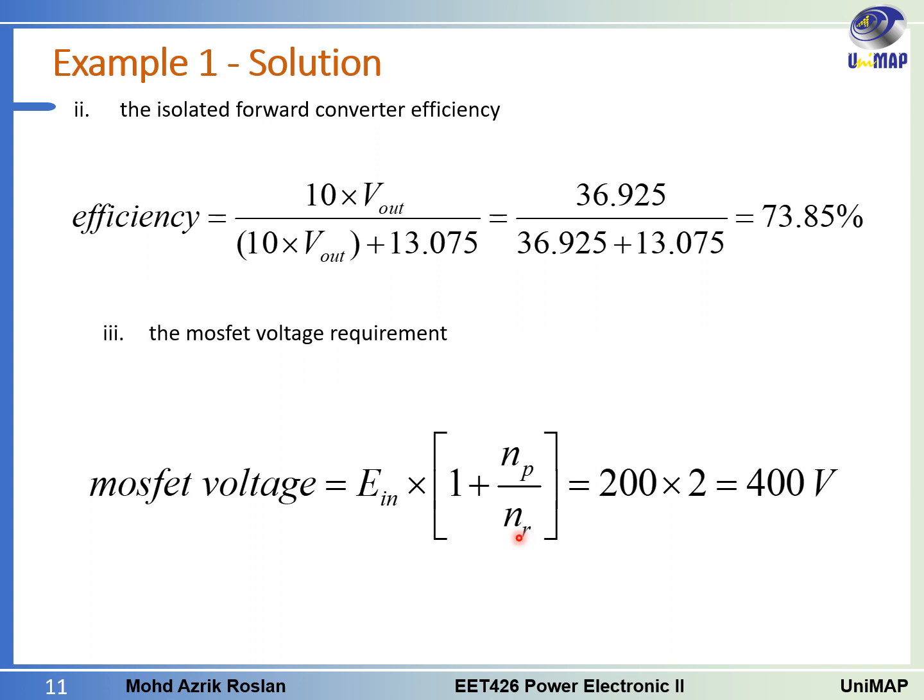So you use E in multiplied by 1 plus NP over NR, and you will get 200 multiplied by 2, so 400 volt. You have to make sure that the voltage rating for the MOSFET that you use is at least 400 volt. If you use less than this, most probably your MOSFET will burn out and be damaged.